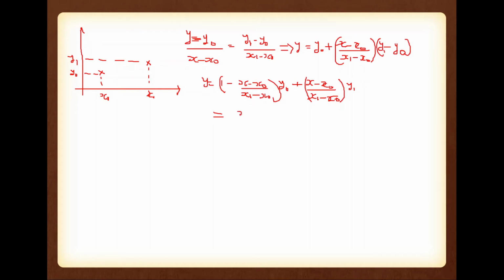So finally we have x minus x1, sorry, I am very sorry, after solving that, this is (x minus x1) divided by (x0 minus x1) into y0.